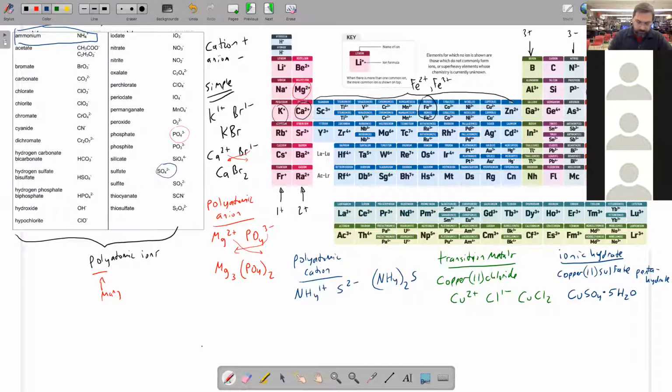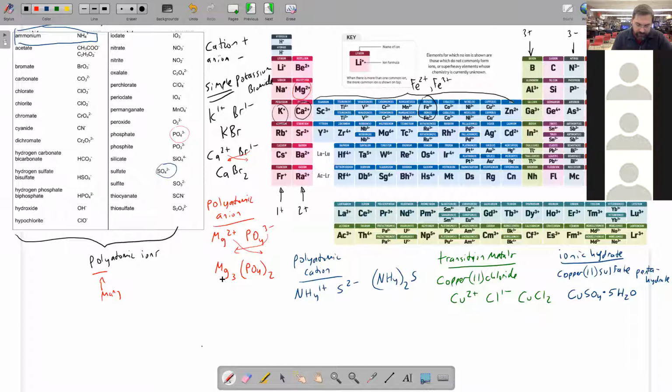I know I put a lot of stuff on one screen, but all the time, if it's an element like bromine as the anion, you just change it to bromide. So KBr is, I guess I can write it up here, potassium bromide, and this would be calcium bromide.